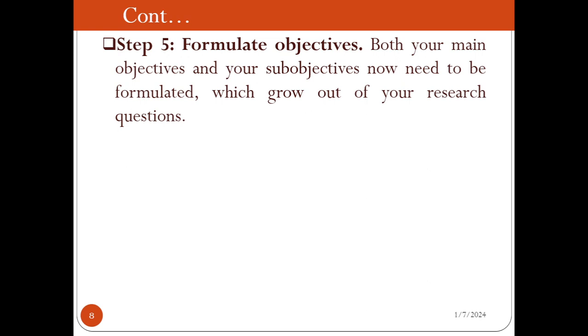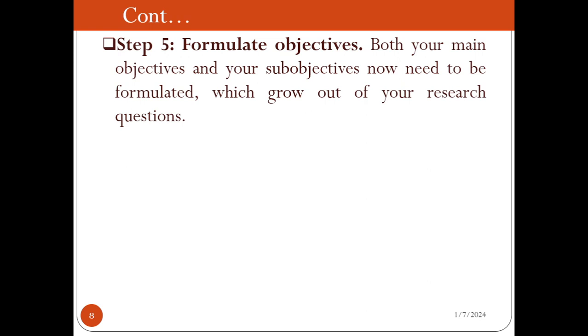Research question and research objectives are not very much different. The only difference is that objectives are operational steps, something that you can do. Particularly, you are using action verbs like I'm going to show you, I'm going to determine, I'm going to examine the relationship between two or more things.